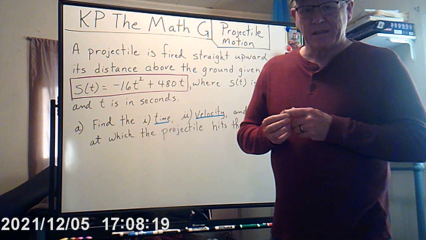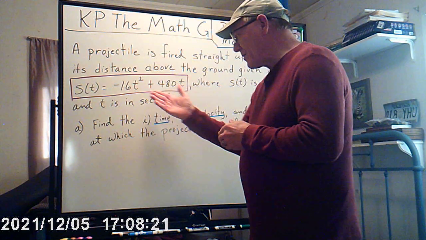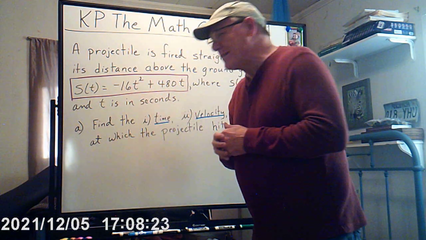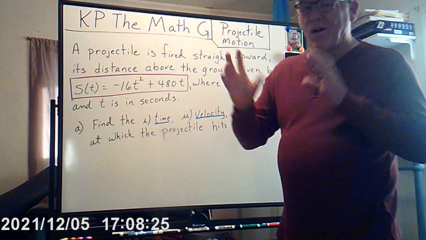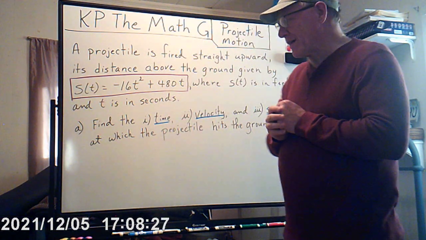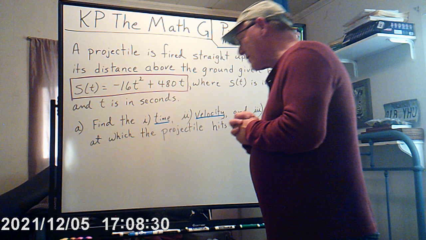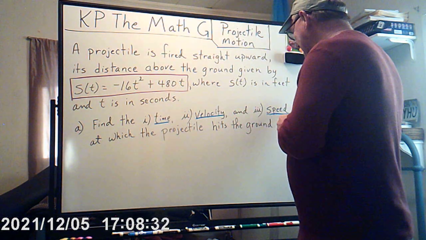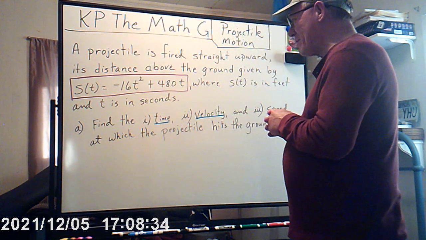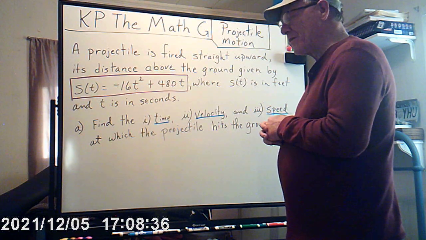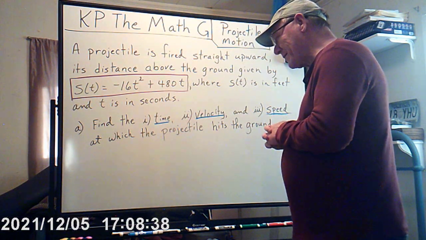So this is what we might refer to as the distance equation. We're going to answer 3 questions on this side of the board, and then there are 3 more or so on the other side that we're going to look at too.